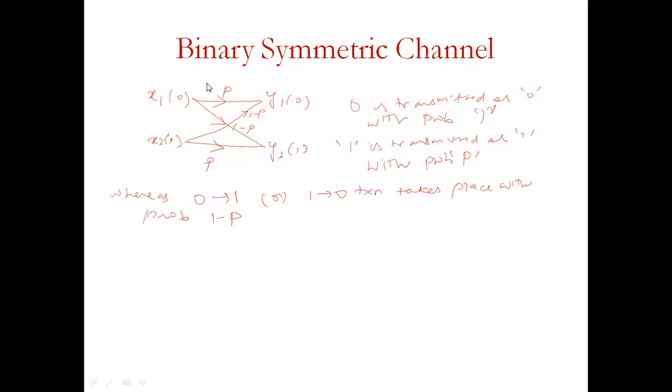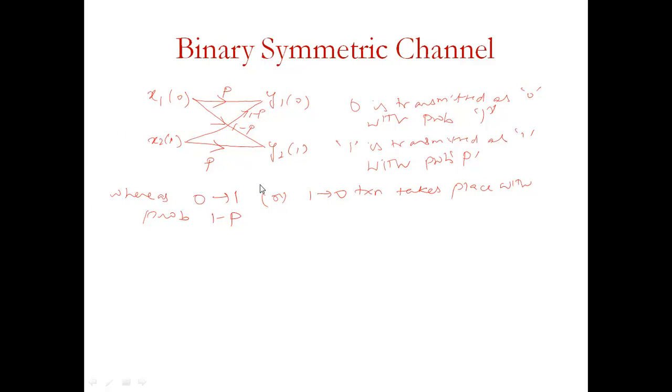So here binary stands for having only 2 inputs, either 0 or 1. Symmetric is because 0 is transmitted as 0 with probability p only, and 1 is transmitted as 1 with probability p only. So we call it a symmetric channel.